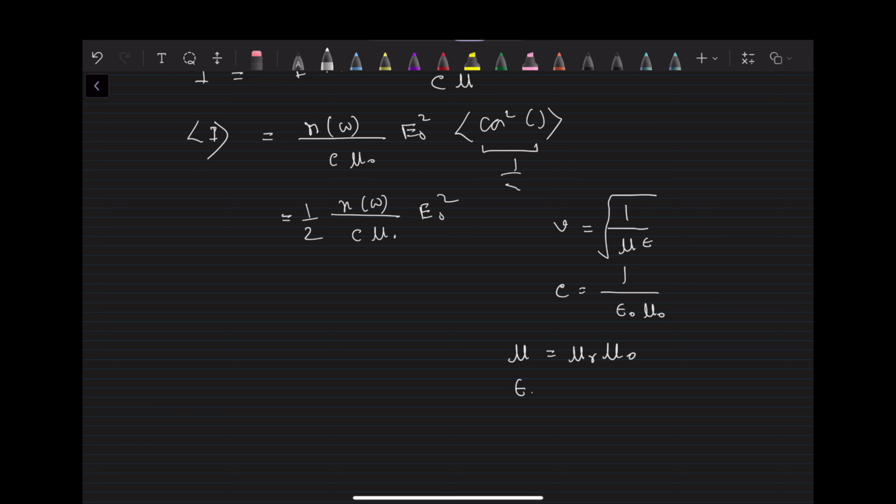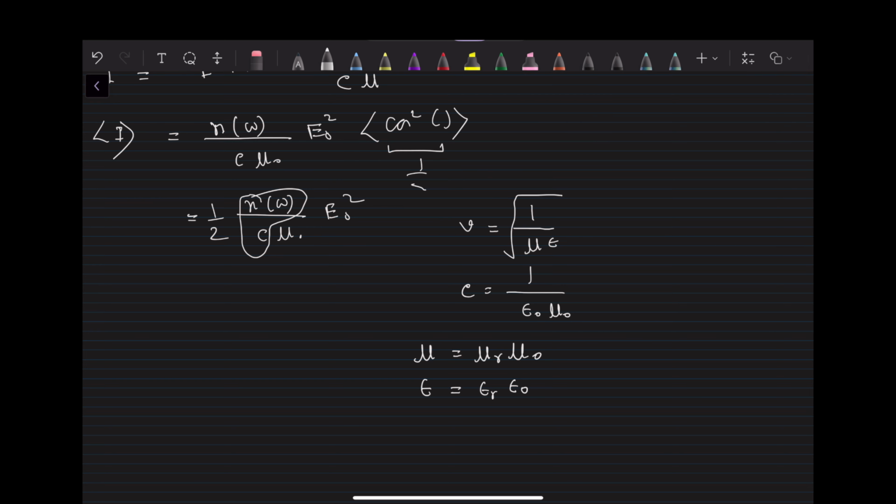Here we have c by n, that is v, and we can write v in terms of these, that becomes c, right?